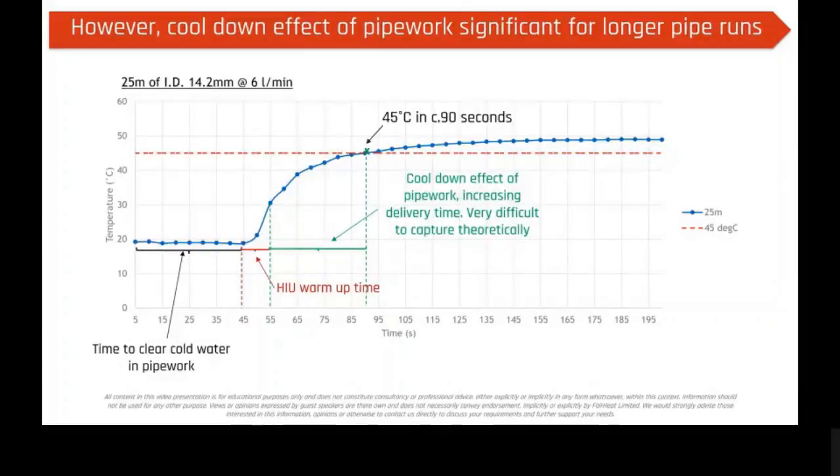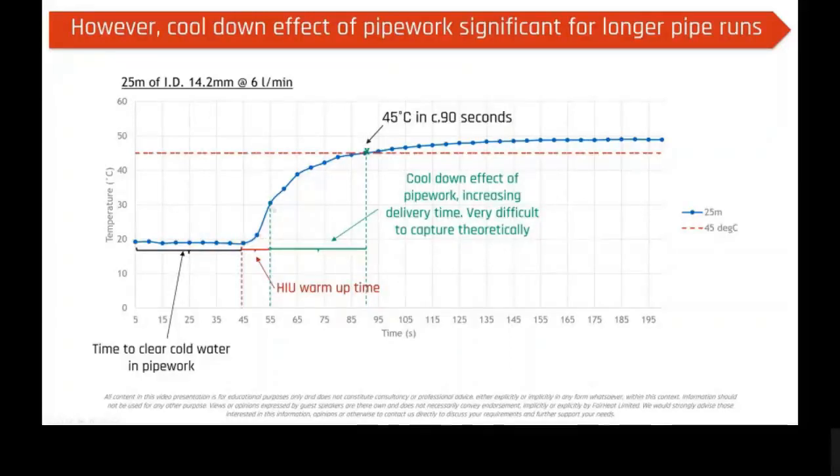When we do the same test, but the run is 25 meters long, you get your theoretical calculation of time to clear that cold water, which for this is about 40 seconds. We've got that same HRU warm-up time, another 5 to 10 seconds. So we should be seeing hot water come out within 55 seconds, if that theory was true.